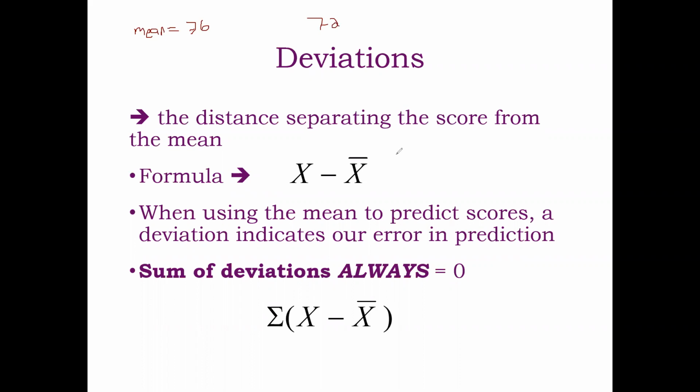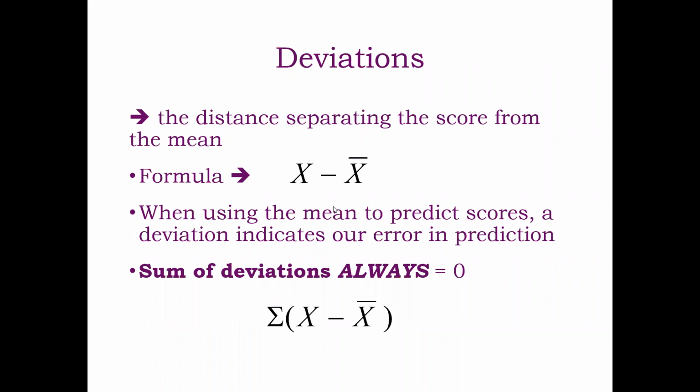Charlie's deviation is just 72 minus 76, which equals -4. If Susanna had a 77, Susanna's deviation would be 77 minus 76 equals 1, and it will be positive.